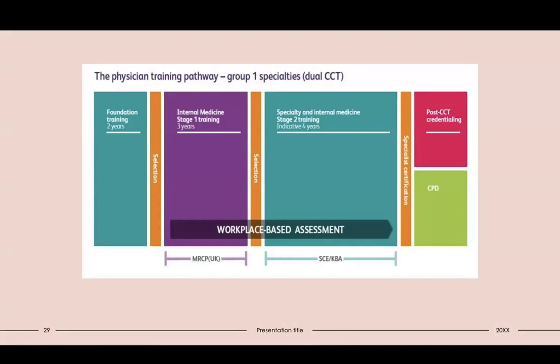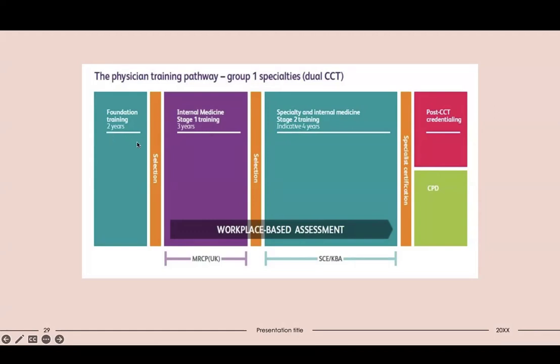That's the workplace-based assessment for the period after 3 years after the foundation. So this is the pathway for physician training in the UK, and how long it takes, then the credentials here after you finish specialty internal medicine stage 2 training, and this is 4 years after the 3 years of internal medicine stage 1, after the 2 years of foundation.